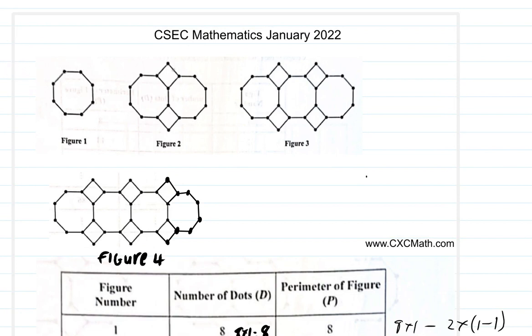Well, when you added the new figure, you added 1, 2, 3, 4, 5, 6, 7, 8, 9 lines. Alright? For the perimeter, you added 9 more. And you remove 1, 2, 3.